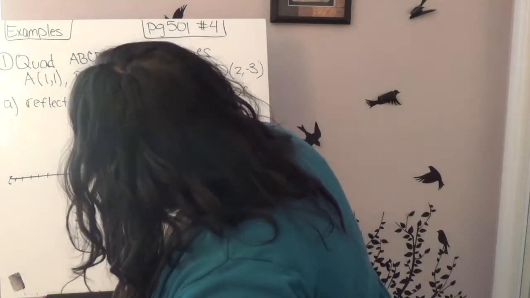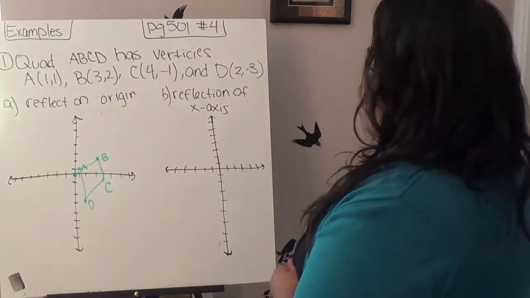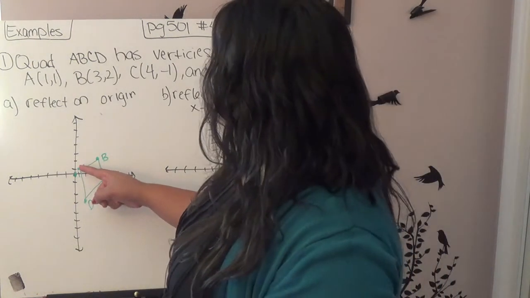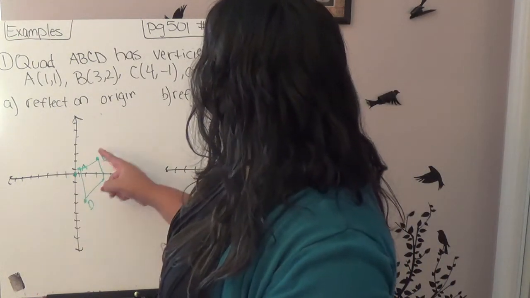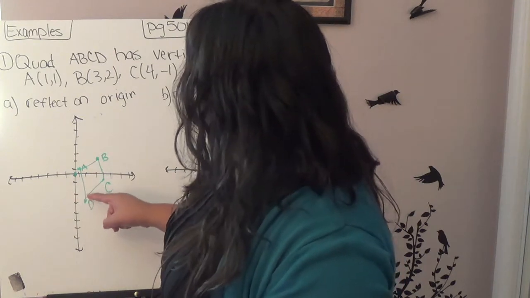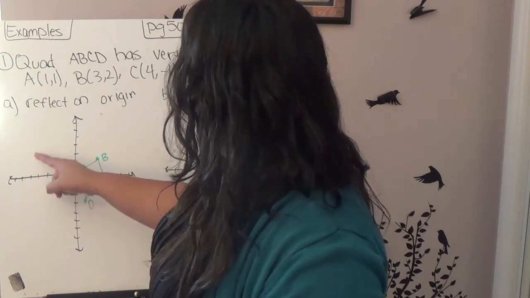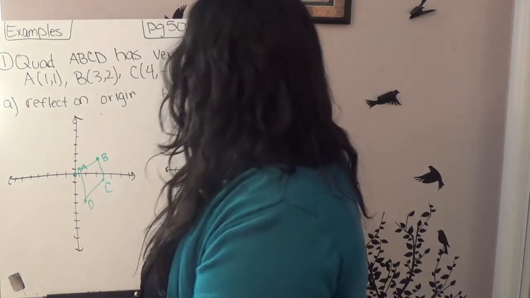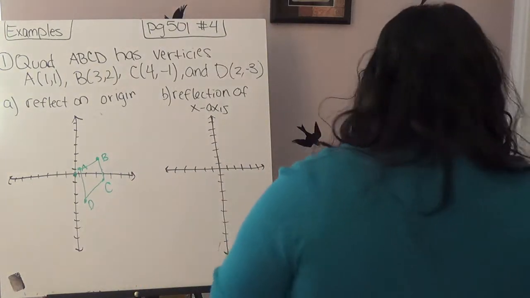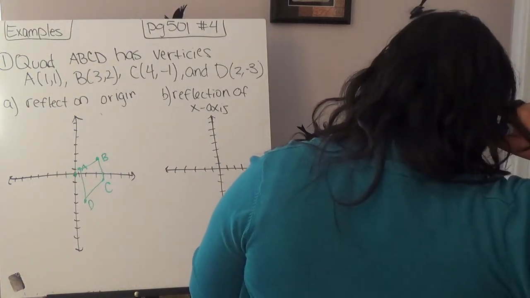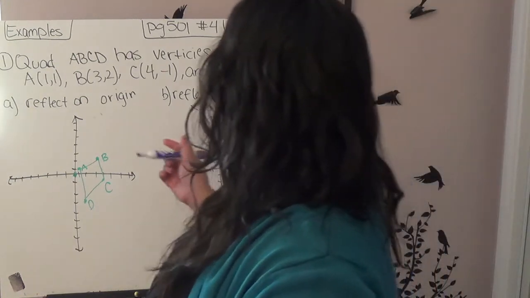The origin again is 0, 0 right there. So I'm going to reflect. A, if it reflects straight through, should be somewhere here. B should be somewhere here. D should be somewhere here, and C should be somewhere here. Let's see if this is correct. Origin, if you look back on your notes, it says I have to make both negative.